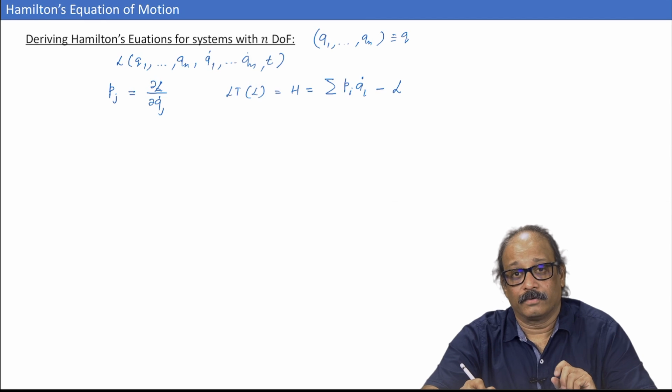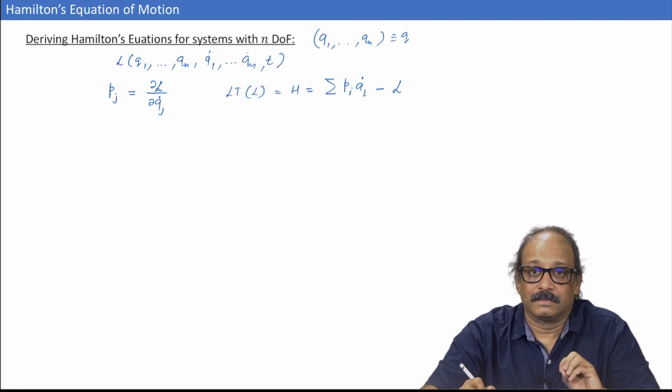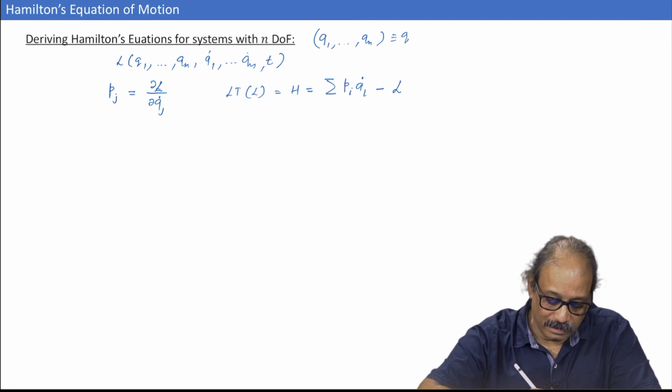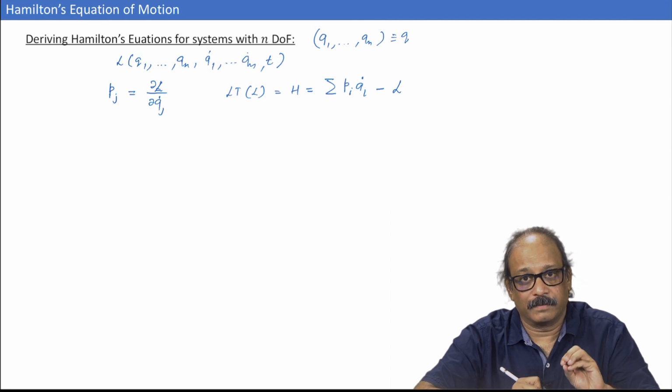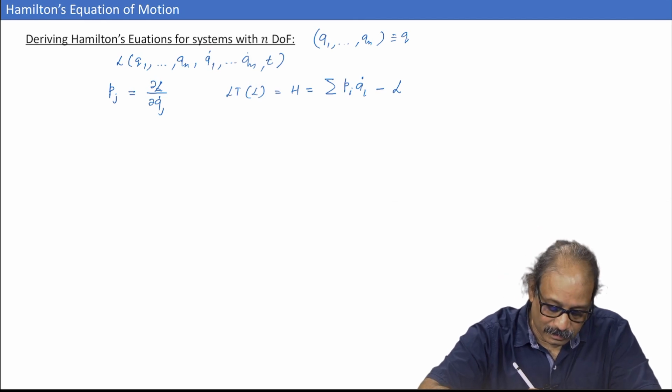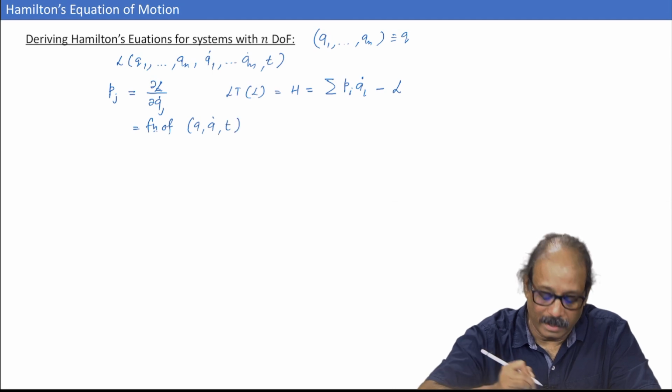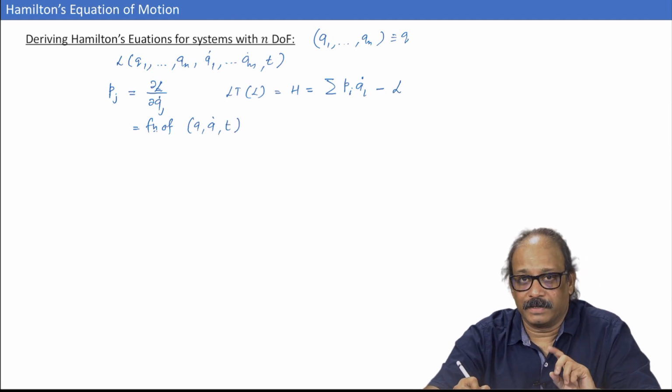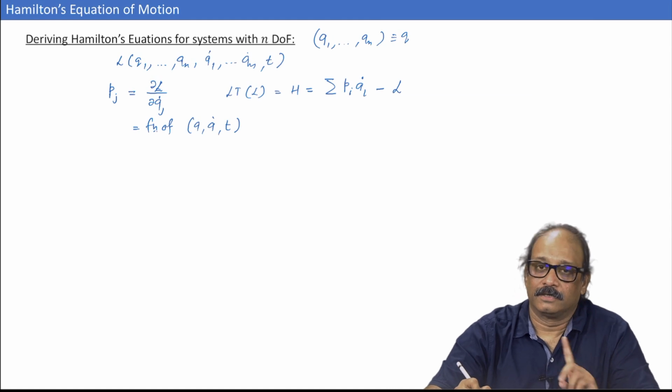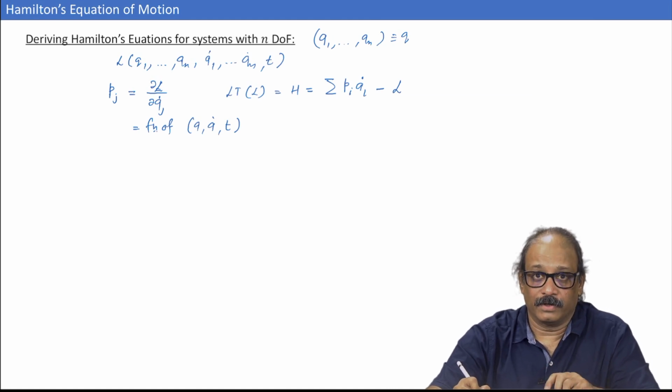Okay. Now, basically you have pj's which will come out as functions of q, q dot and t, and remember in that q dot you have q1 dot to qn dot. We want to invert this.